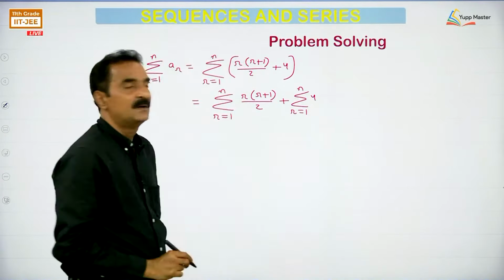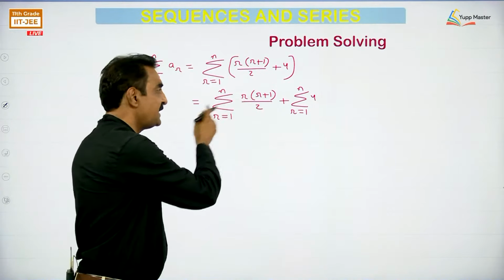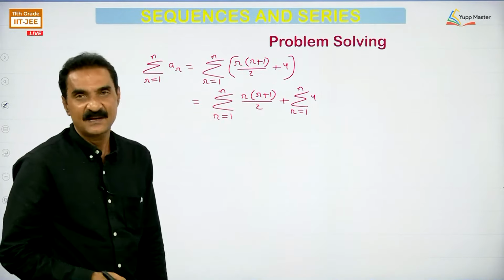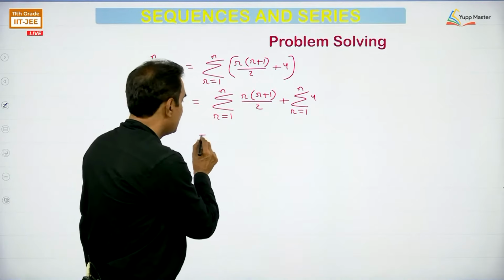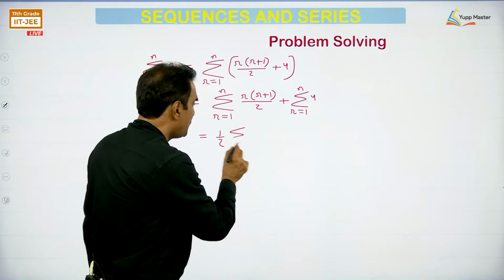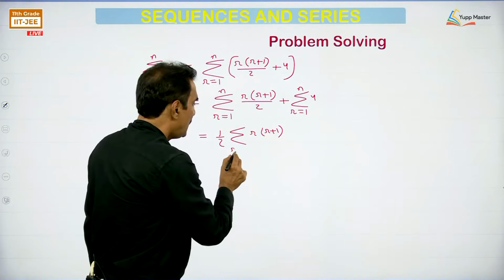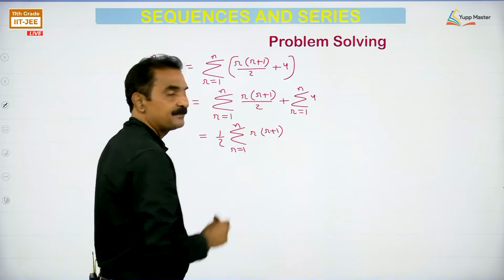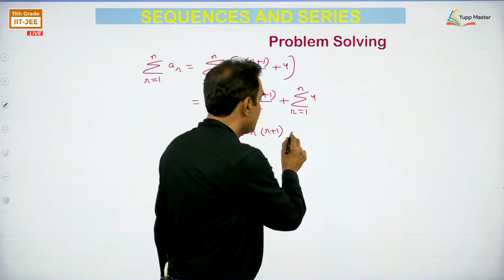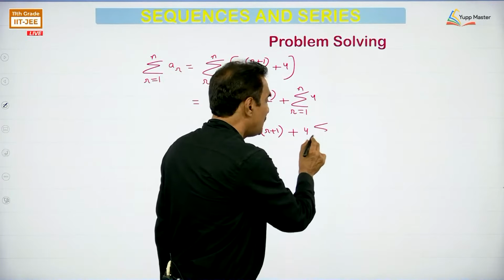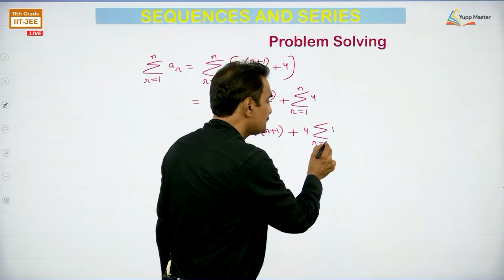Now, you take out 1 by 2 and 4 because they are constants. You will get 1 by 2 sigma r into r plus 1, r varies from 1 to n, plus 4 sigma 1, r varies from 1 to n.